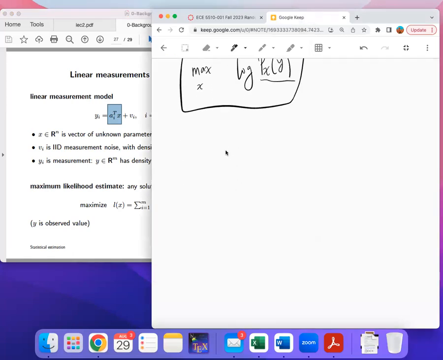Okay, let me write down this equation. So yi is, I use this notation for dot product. Well, ai and x are vectors. yi and vi are scalar values, and you can see they are compatible. This dot product is a scalar. This is the noise.